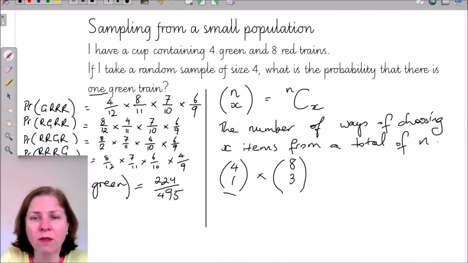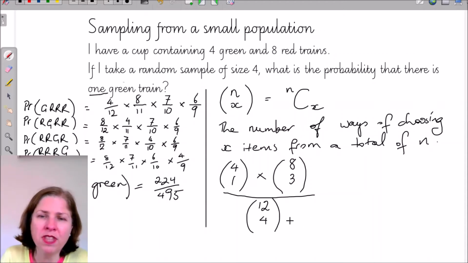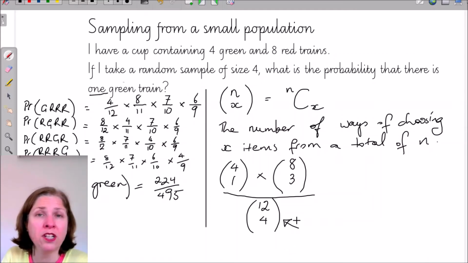And I'm going to divide that by, there are a total of 12 trains and I'm choosing 4. So this bottom denominator here is a way of writing how many different ways can I choose 4 items if I've got 12 in total.